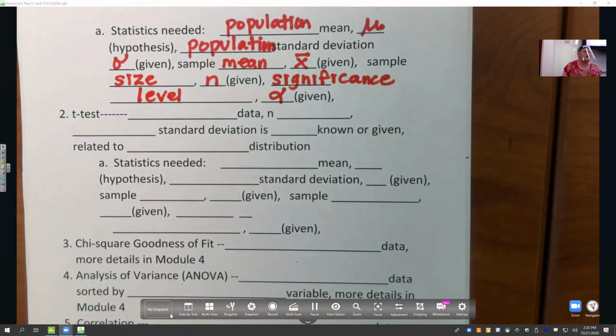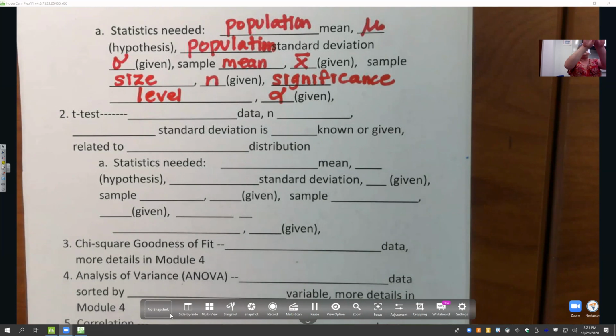Now, remember, we talked about significance level last week. Remember, there's a connection between confidence level and significance level. Confidence level is the probability of success, or the probability that you're right. The significance level is the probability that you're wrong, or the probability of failure.